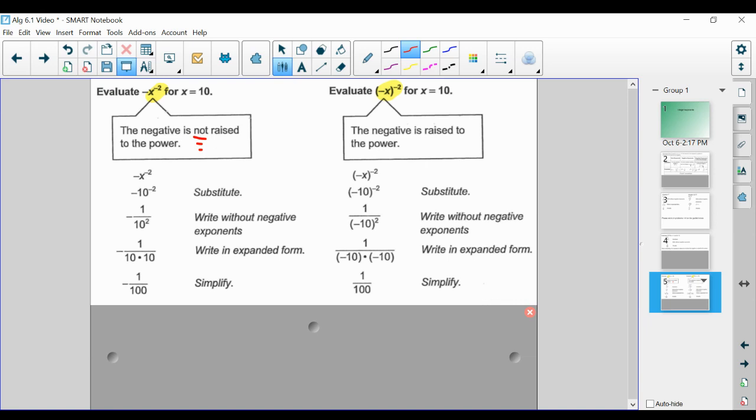And the exponent is only attached to the variable x in our case. So please be mindful and be super duper careful when you are evaluating with exponents, because you need to analyze and be ready to identify when and when not to include the negative sign.